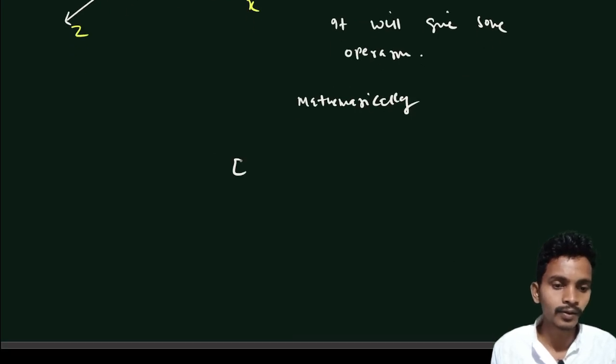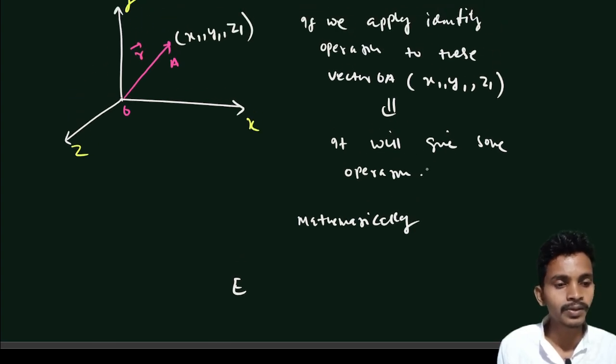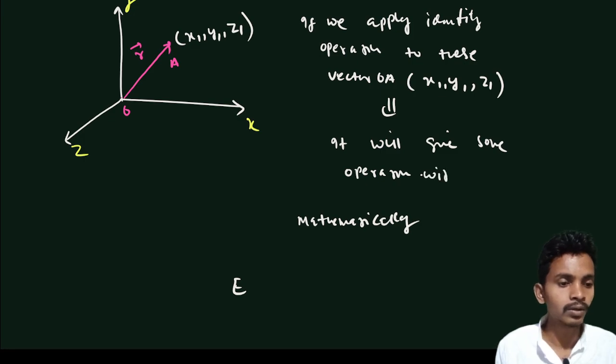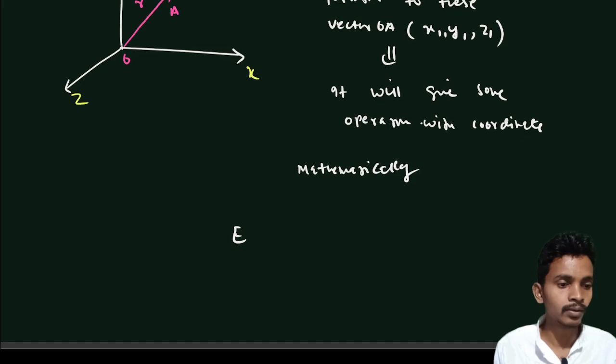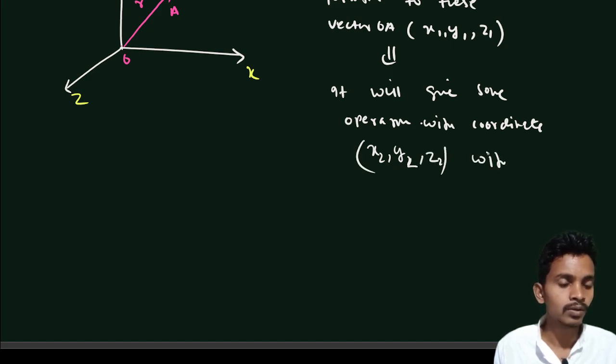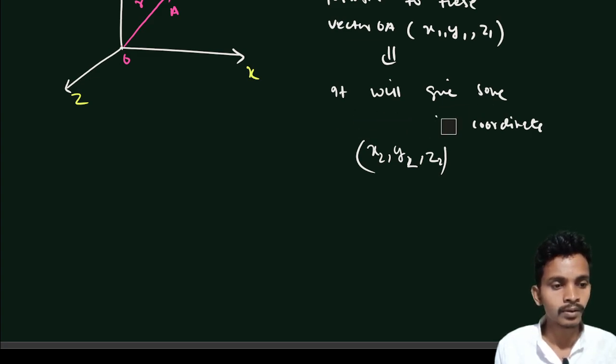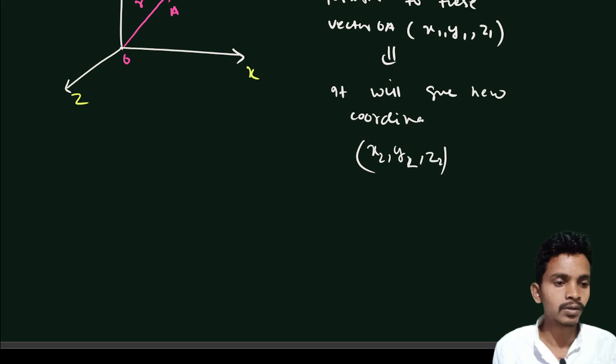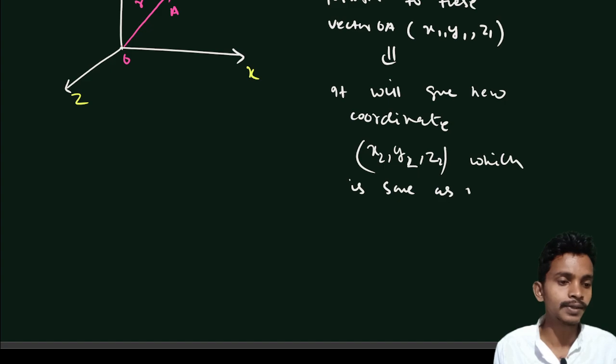Let's say the E operation will give new coordinates x2 y2 and z2, which are the same as the initial ones.